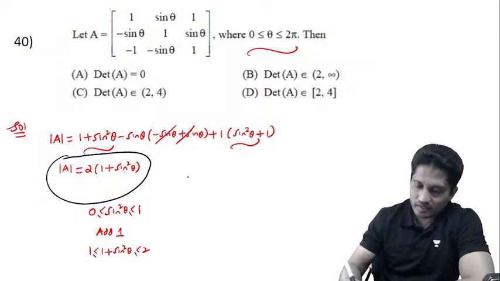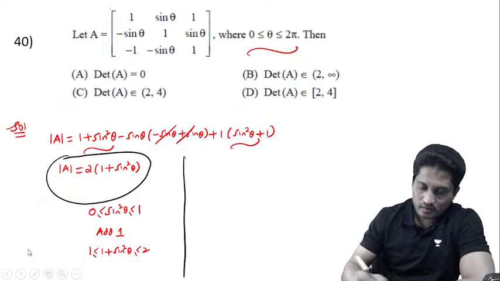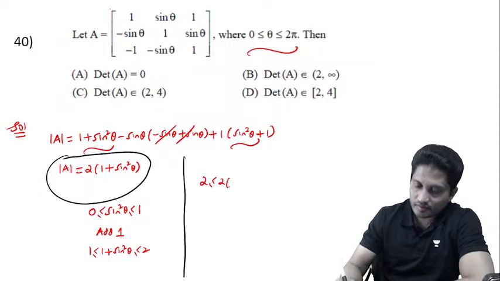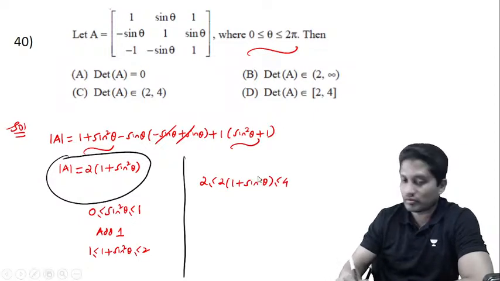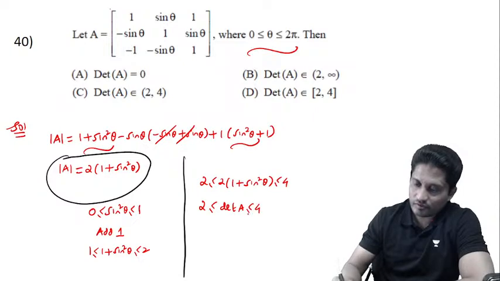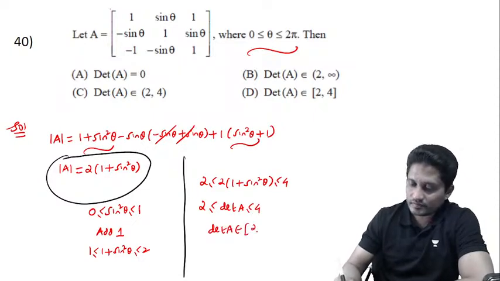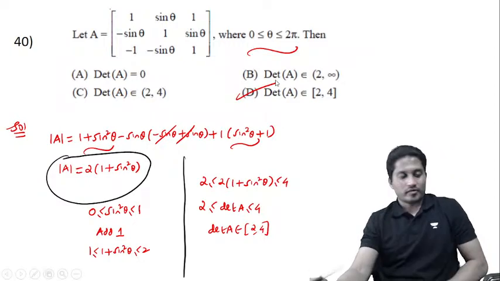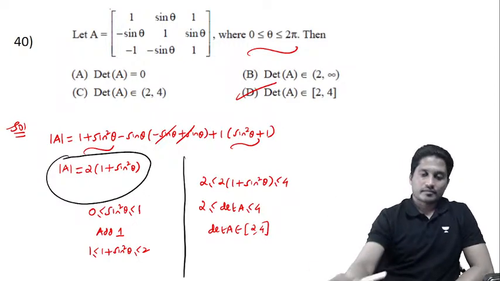If you multiply by 2, you will get 2 is less than or equal to 2 into 1 plus sine square, less than or equal to 4. Therefore, 2 is less than or equal to determinant of A, less than or equal to 4. So det A belongs to the closed interval 2 comma 4. Answer should be option D only.